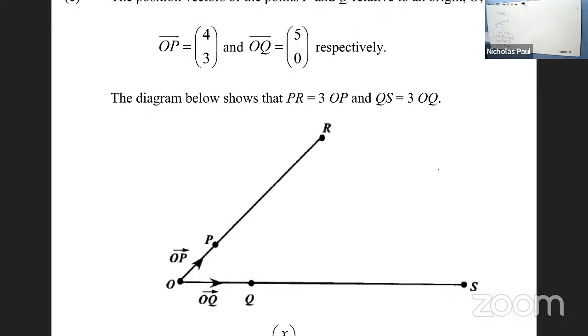Right? All the info right there. See if we can find PR and see if we can find QS, based on the information given.